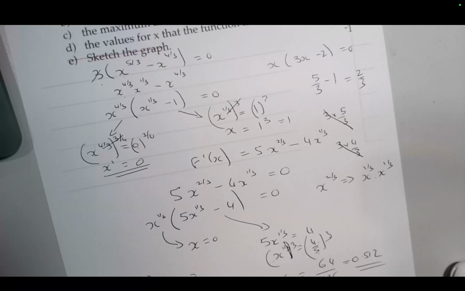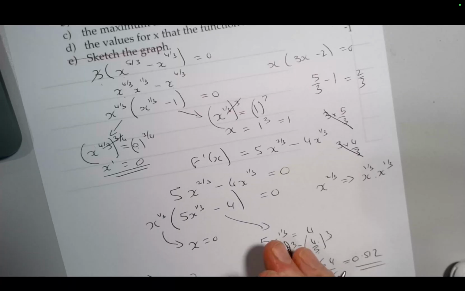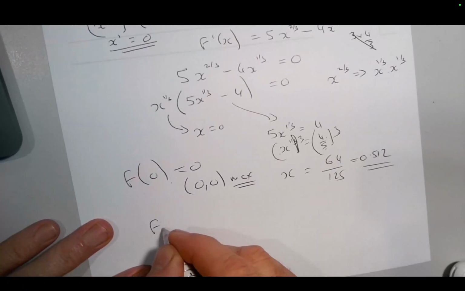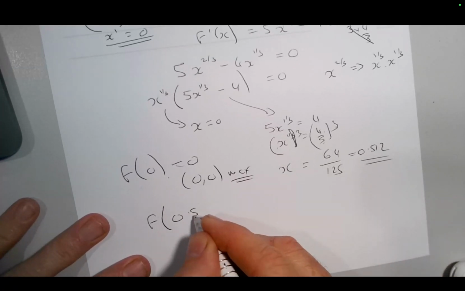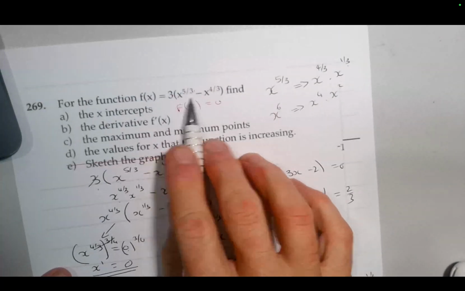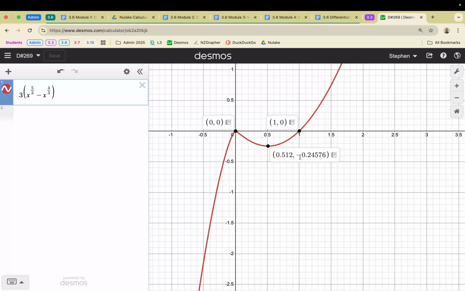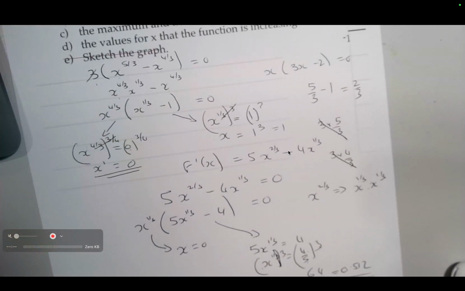So one coordinate point, and that there is the maxima by visual. And the other one: if we put 0.512 into this horrific thing here, trust me, out is going to pop negative 0.245 something or other. And I guess that's just me cheating.